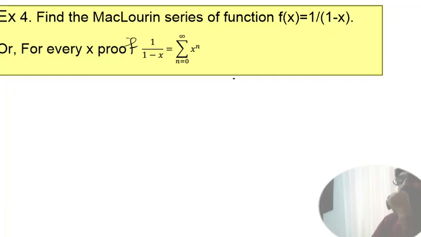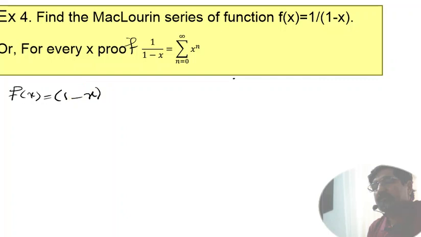Now find the Maclaurin series of the function f of x equals 1 over 1 minus x. In other words, we want to prove that 1 over 1 minus x equals the sum of x to the power of n, from 0 to infinity. f of x is (1 minus x) to the power of negative 1.